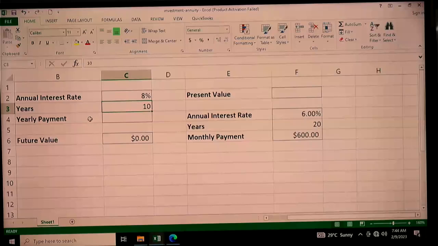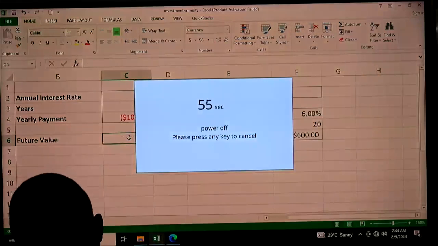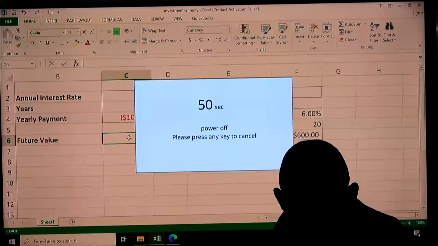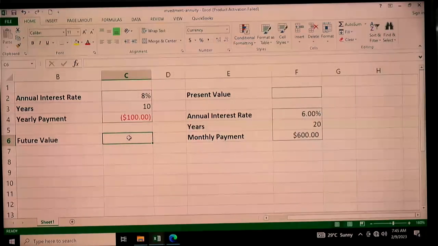And the amount to be paid is $100. You can type that. That is the amount that will be paid. You're supposed to look for the future value.